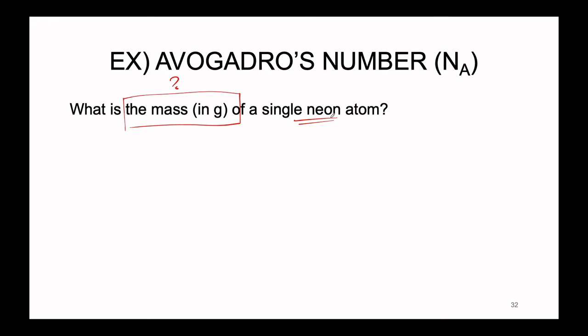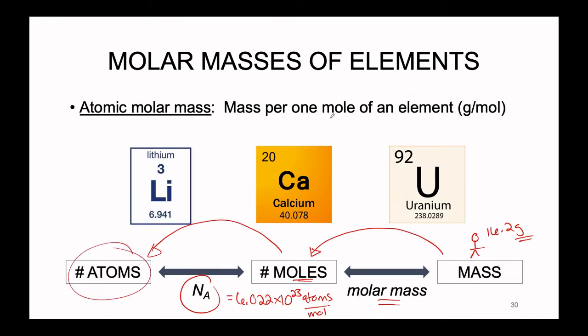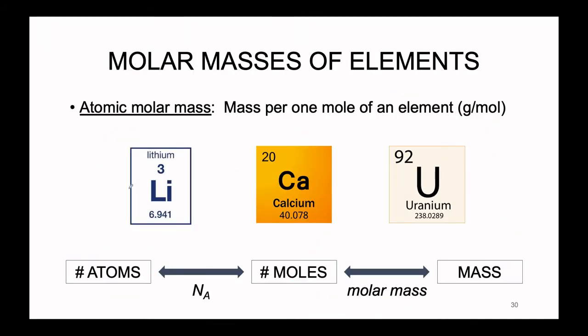To go back to our flowchart again, instead of going from mass to atom, we are now starting with one atom. We can use Avogadro's number to figure out how many moles this one atom is equal to.